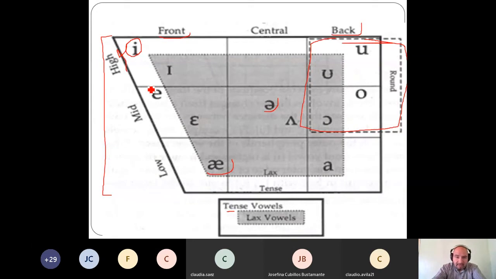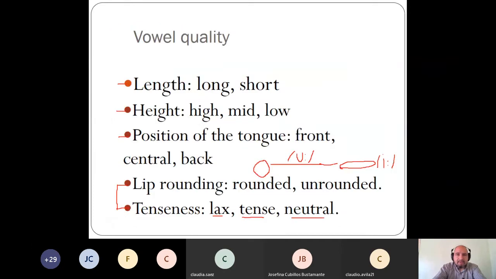That is going to be the last thing I'm going to say so we can finish the session. I'm going to just repeat in case you have questions. We're going to describe the 12 vowel sounds in English using this criteria. The length of a vowel sound, the height, the position of the tongue, the lip rounding, and the tenseness. I'm missing one criteria that is not here, which is how open or closed the jaws are.